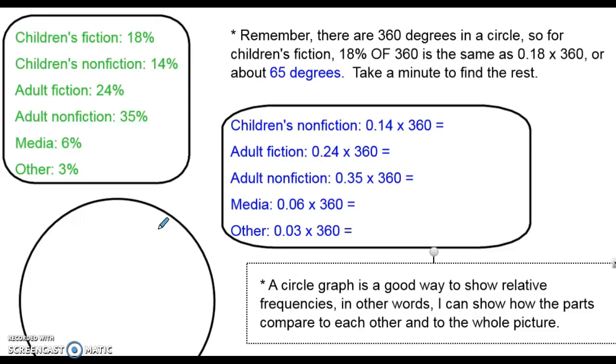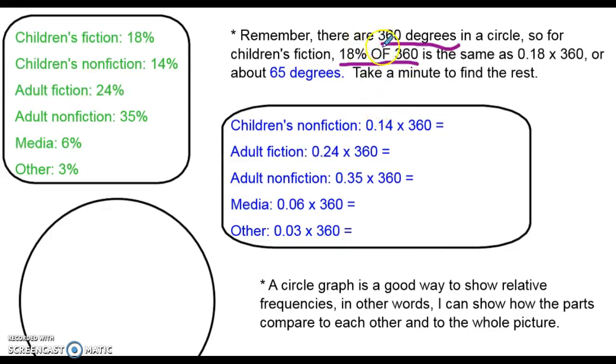Now, in order to turn those percents into degrees, we have to remember that there are 360 degrees in a circle. So if we look at the statement for children's fiction, 18% of 360 degrees, now of is our key word, right? Because we know that of, when it comes to math, is just multiplication, right?